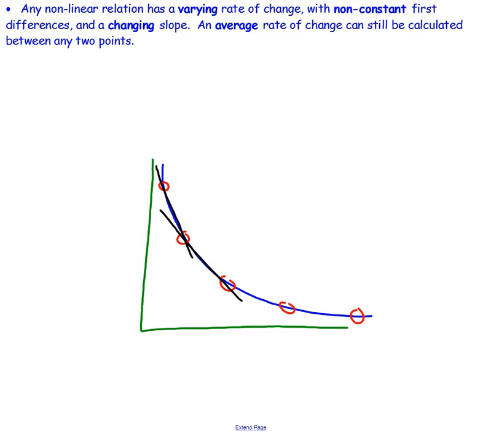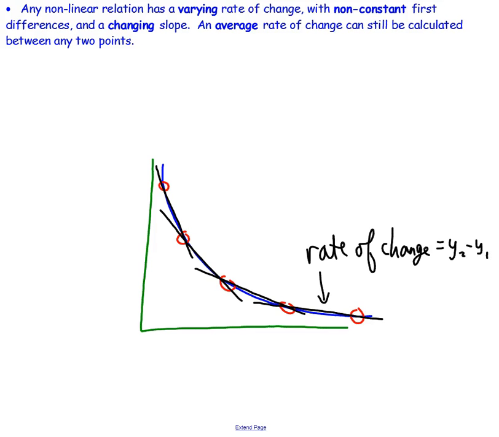We kind of get an idea of what the slope looks like between those 2 points, and we see the slope is getting less and less negative. And so clearly here we can't call the rate of change constant, but we can say on average between any 2 points, it's represented by that value there, which would be still requiring us to take y2 subtract y1 and divide x2 subtract x1.